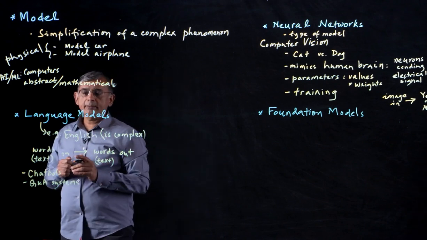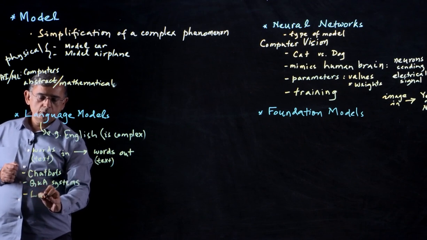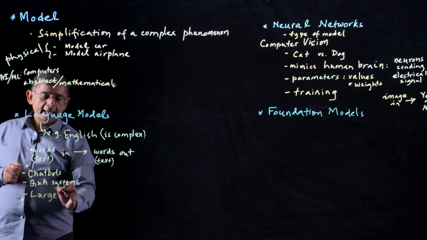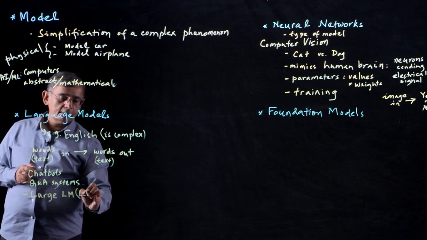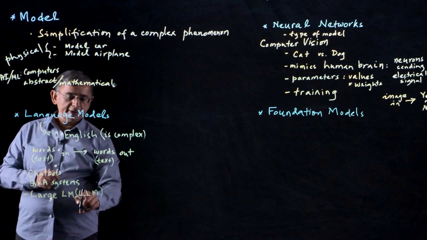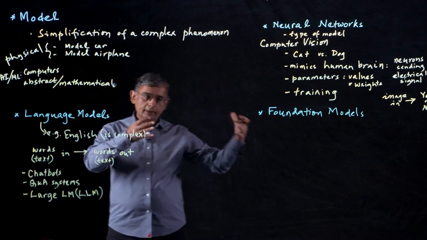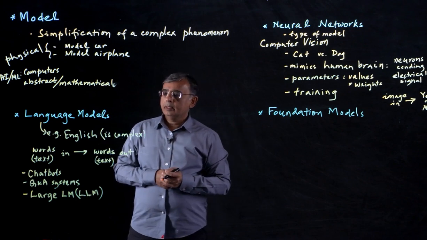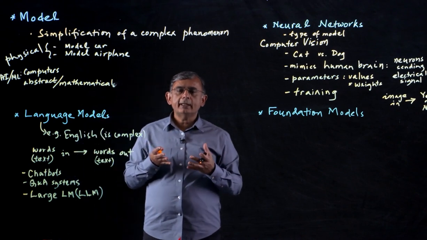These models can get very large. So that's why you hear the word LLM, and I'm going to put it in parentheses here, large language models. The LLM stands for large language model, because English or any other language that you pick requires a model to be very large. What does it mean that they are large?